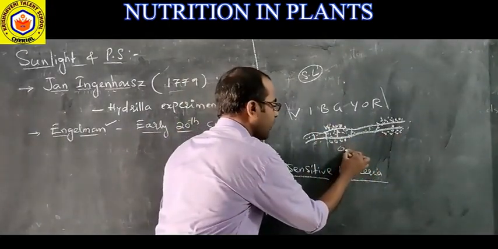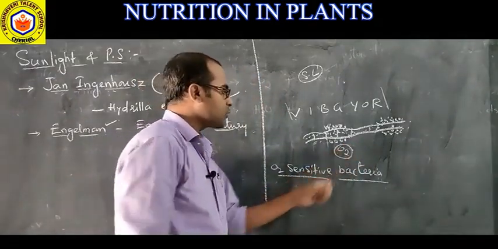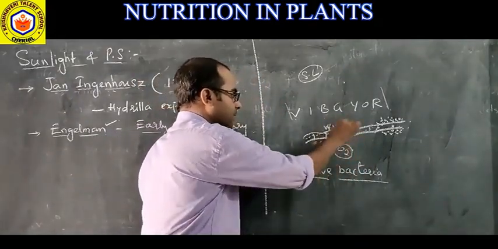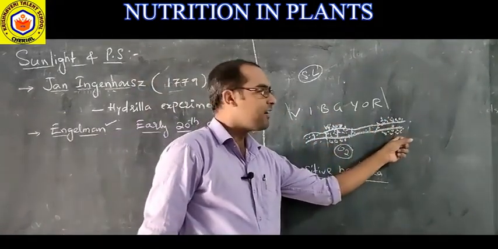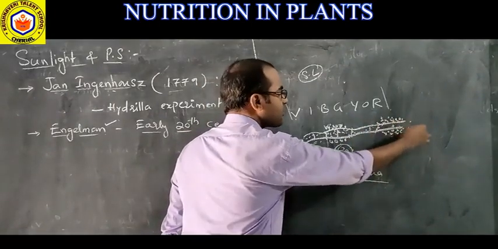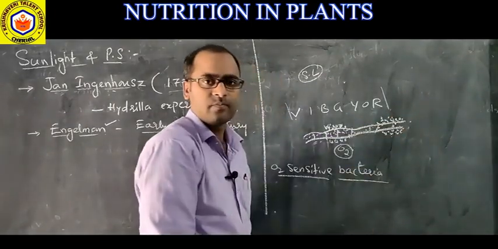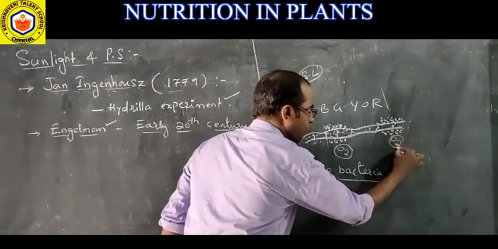That is why the production of oxygen is more, and that is why the oxygen sensitive bacteria gathered more here, and at red light also. That means here also the rate of photosynthesis is more, and the production of oxygen is also more.